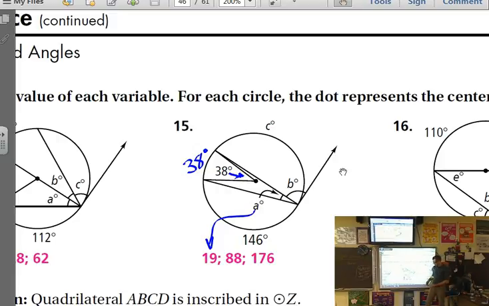So how much is left over? 176. And to find B, it's going to be half of it. Why? Isn't the B angle kind of off the circle? Hold on, let's make sure that we justify it all the way then.